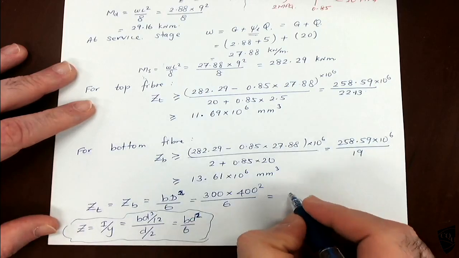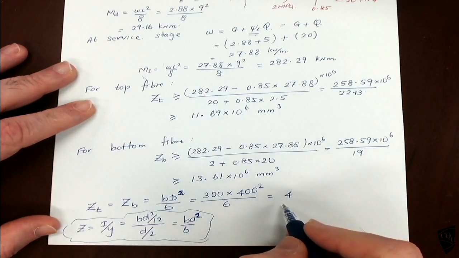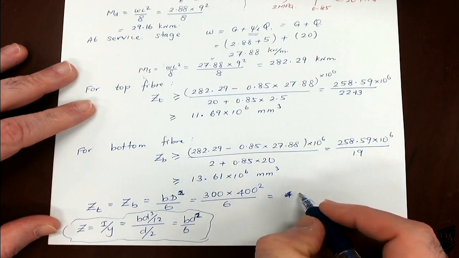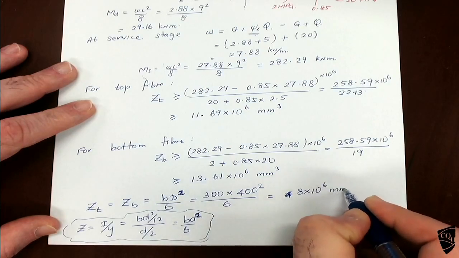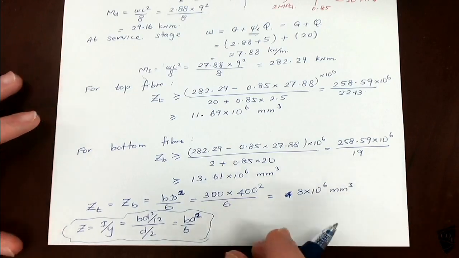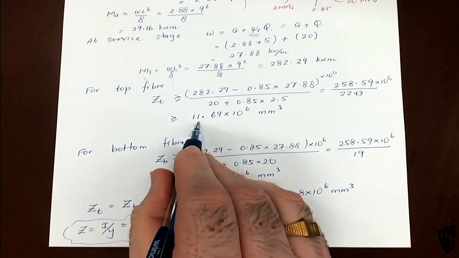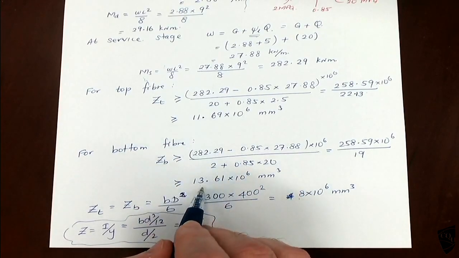So you get 8 times 10 to the power 6. So we have 8, but we need 13 and 11, for top 11, for bottom 13, 10 to the power 6.